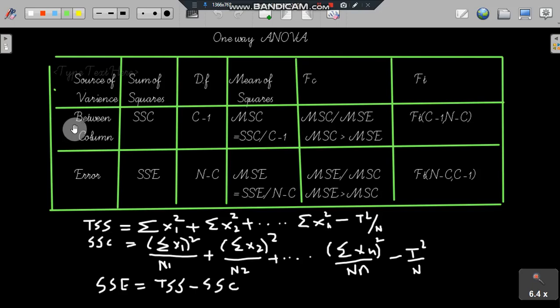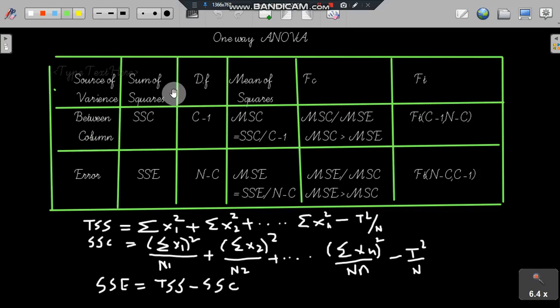Here we are going to find the ANOVA with respect to column wise. That's why we are writing it here. The error term is also very important, because to calculate the variance, the error term is needed. Column wise error term, we say.